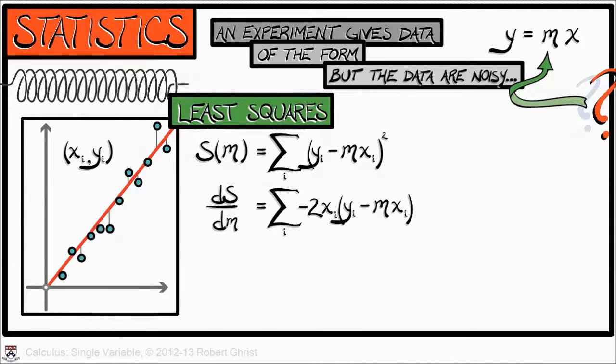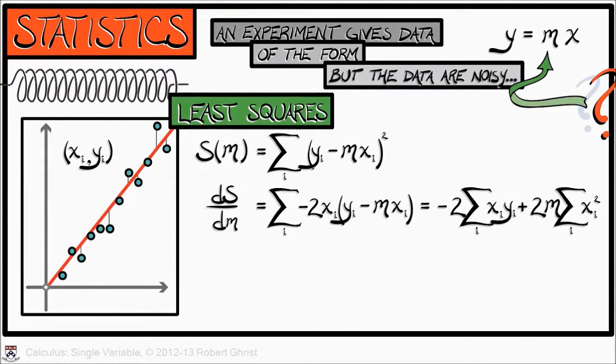That derivative is negative x sub i. Now, if we distribute this multiplication and expand out into two sums, we get minus 2 times the sum over i of x_i times y_i, plus 2 times m times the sum over i of x_i squared. We can factor out that 2 and that m because they appear in every summation term.